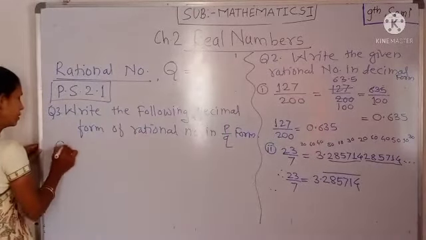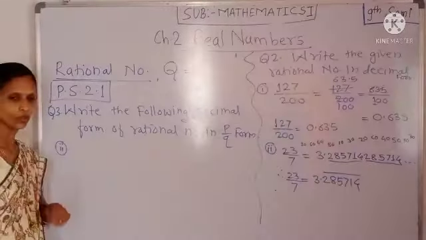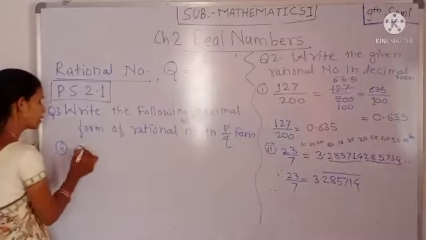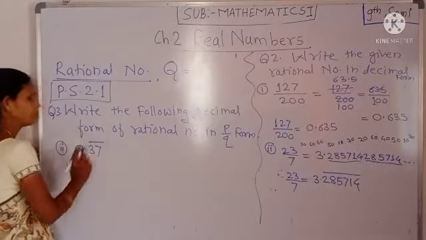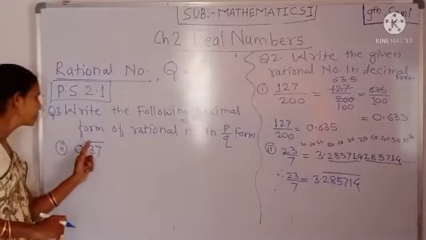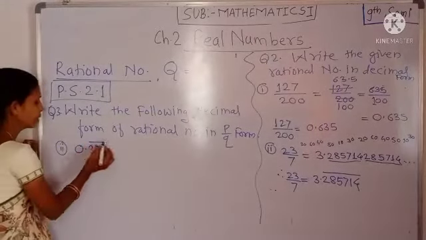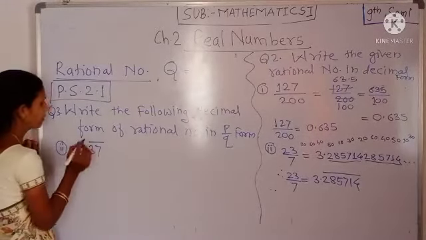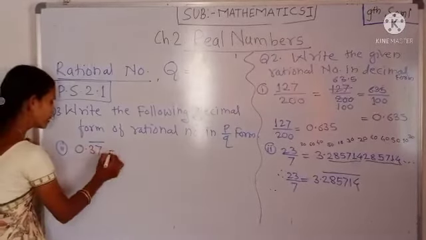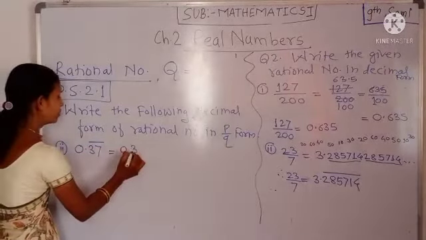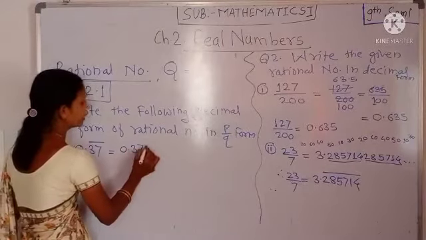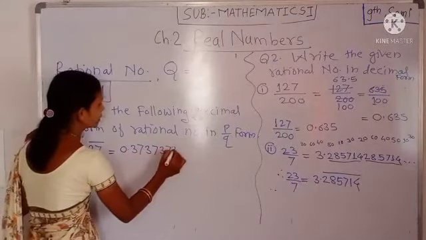Here the example number 2 which is given is 0.37, and the horizontal line is above the 37 digits. That means here 0.37 gets repeated many times.